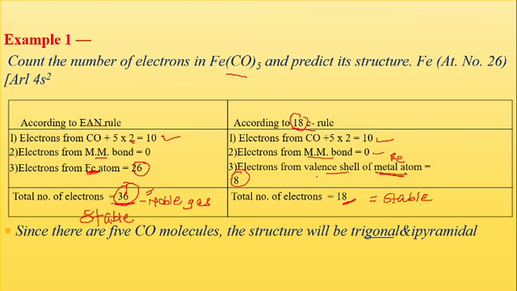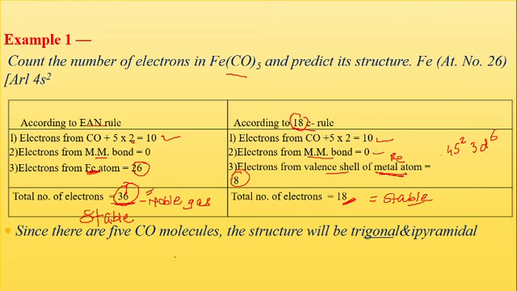The valence electrons of Fe are 8, because Fe has the valence electronic configuration 4s2 3d6, so 6 plus 2 is 8. If we sum all these electrons, we get 18. According to the 18 electron rule, our sum is 18, so this structure is stable.